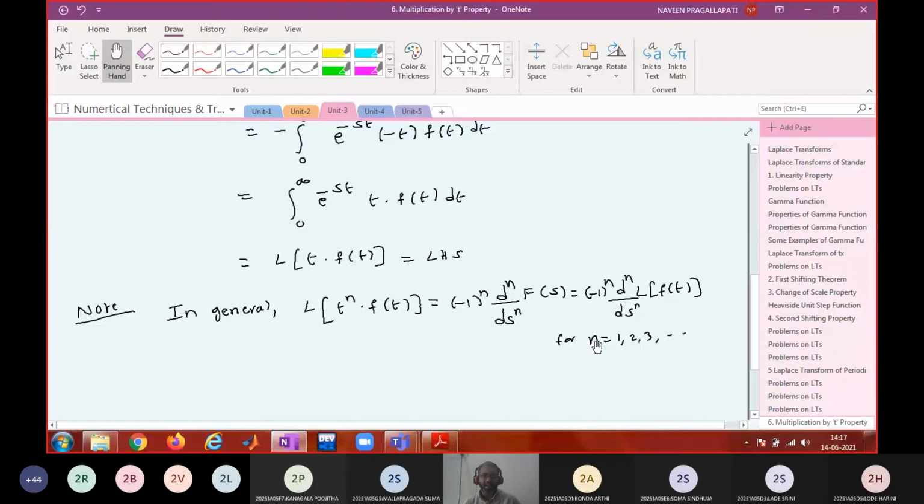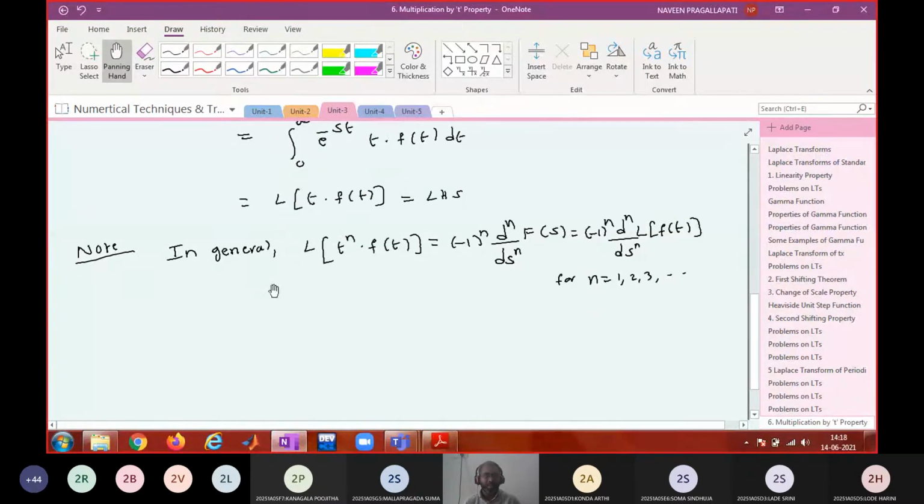Any result involving natural numbers, you have to use the principle of mathematical induction. First show that the result is true for n equal to 1. We have proved the result true for n equal to 1. Then assume that the result is true for n equal to m. Then show that the result is also true for n equal to m plus 1. Then by the principle of mathematical induction, the result is true for all natural numbers. So will you do this proof? Yes, sir. Prove it.